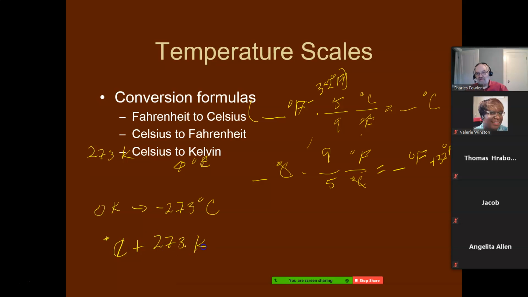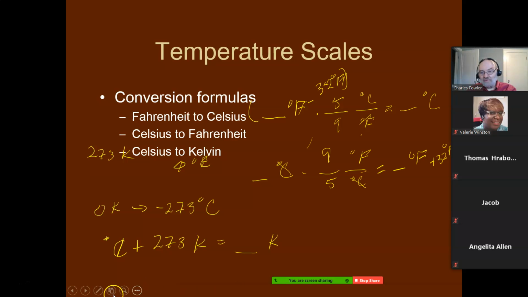Whatever you started with here, add 273 to it, and that's your answer in K. So there are our three formulas. And guess what the other way is? If you know what Kelvin is, subtract 273 from it and you get degrees Celsius. Just think through that, and I think you pretty much got it knocked.